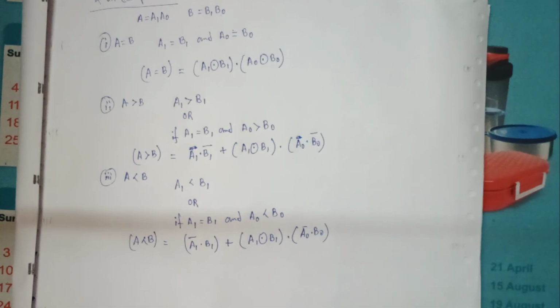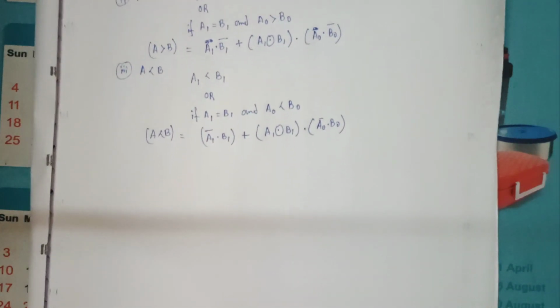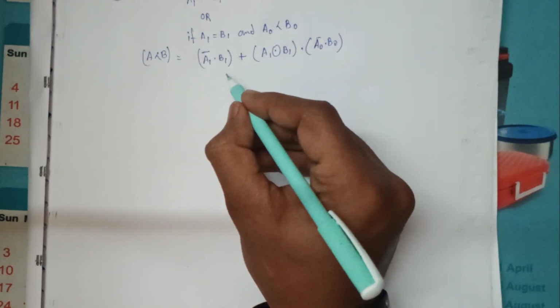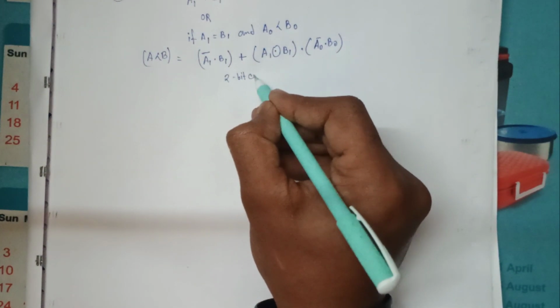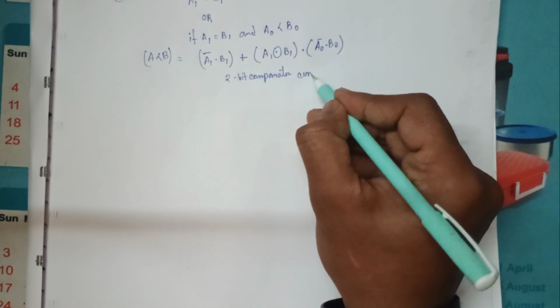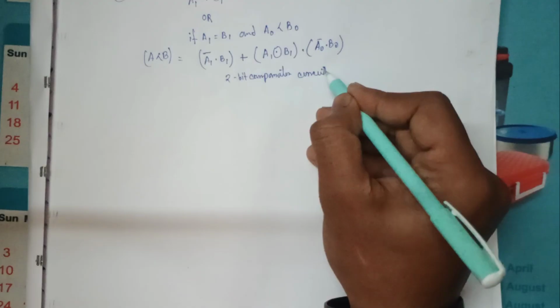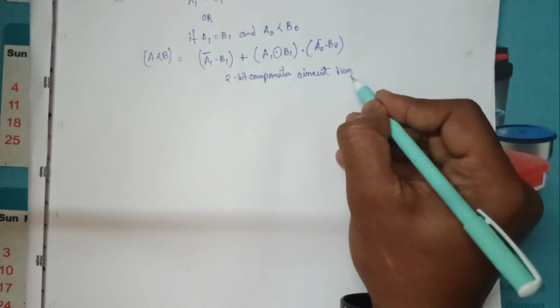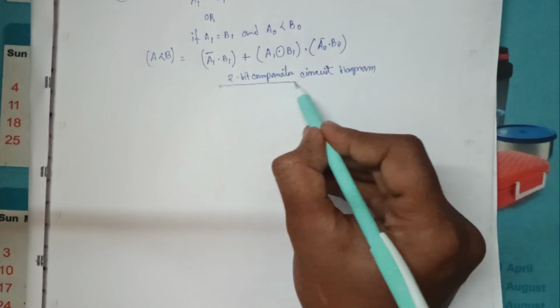Now let's see the circuit diagram of the 2-bit comparator using AND, OR and XNOR gates. 2-bit comparator diagram.